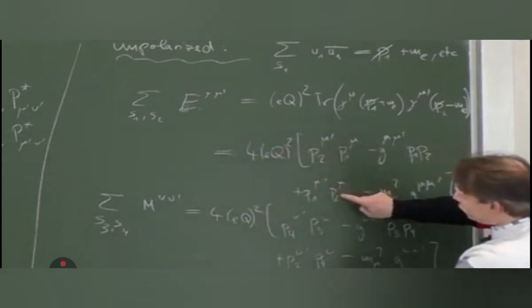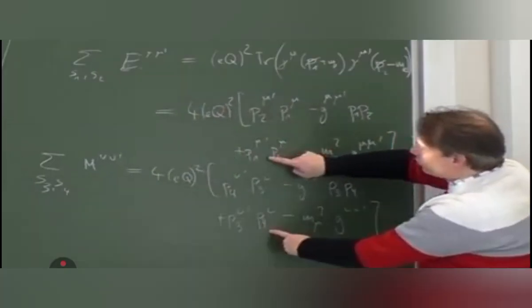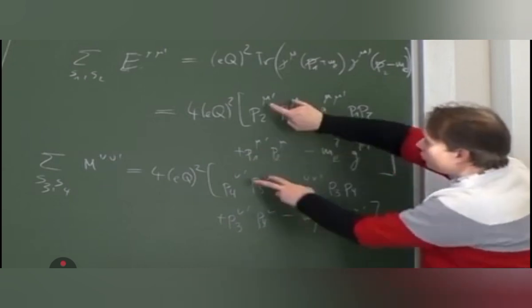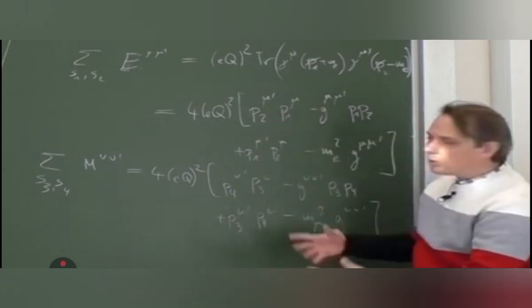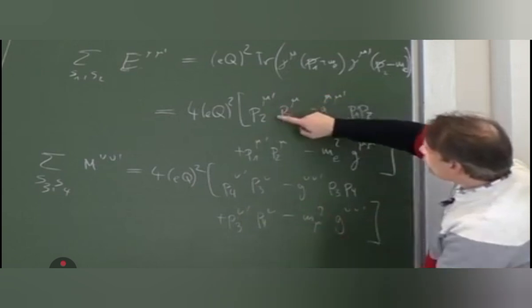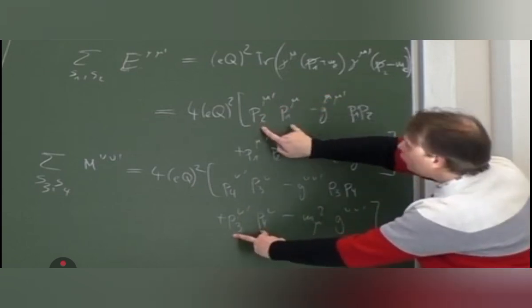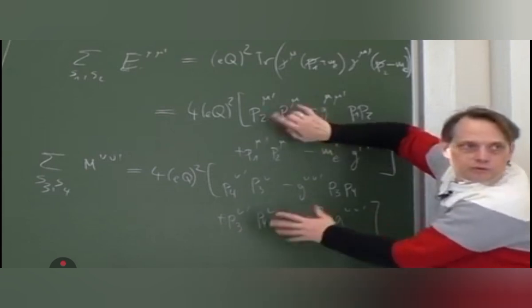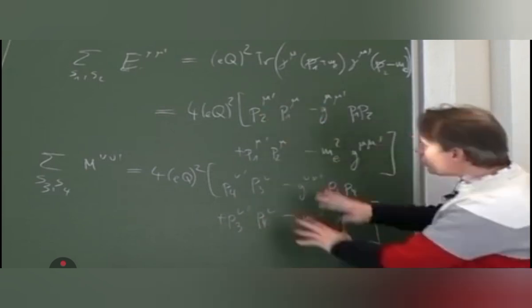Then if you do the contraction of those two terms, you get exactly the same. P2 times P4 times P1 times P3. So those two contractions already are equal. Then you get some mixed terms that contracted with this is P2 times P3 and P1 times P4, the opposite combination. So all sorts of scalar products appear and you have to collect and get some final result.